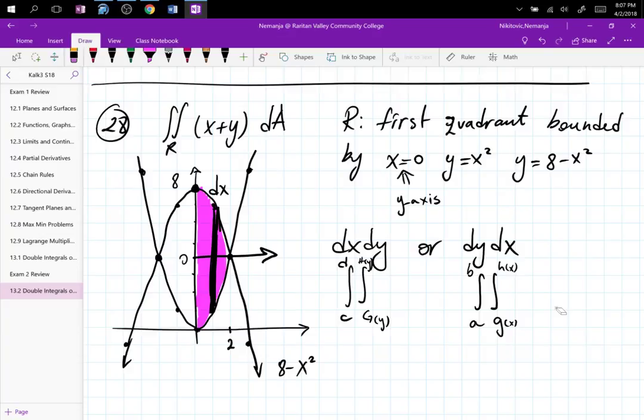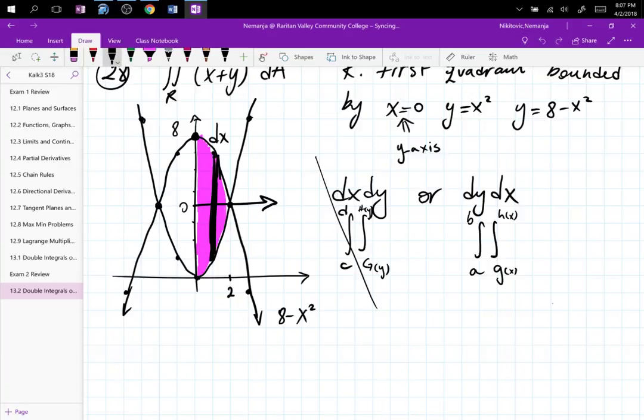It starts at 0, and at x equals 2, we cannot go past that point. At x equals 2, the height of our representative rectangle is 0, because the two functions intersect there.